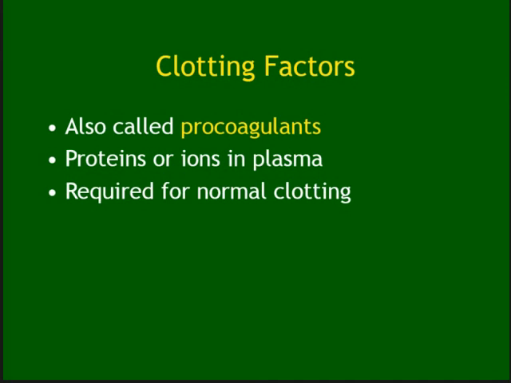Do you hear about this? You bleed for 2 minutes. Why? You don't have enough calcium. What does calcium have to do with this? Calcium is a procoagulant. It helps you to do this process. It's one of the ions that help you to do this. And this is why, if you don't have enough calcium, you bleed more. Or not more, it's prolonged bleeding.